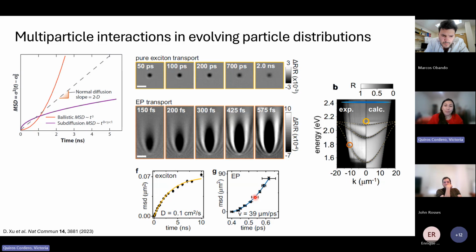And I hope I can convince you that being able to image these propagations in a very simple and very natural way, as you can also see with ink propagating in water, gives us a lot of information on the multi-particle interactions from a very intuitive point of view.